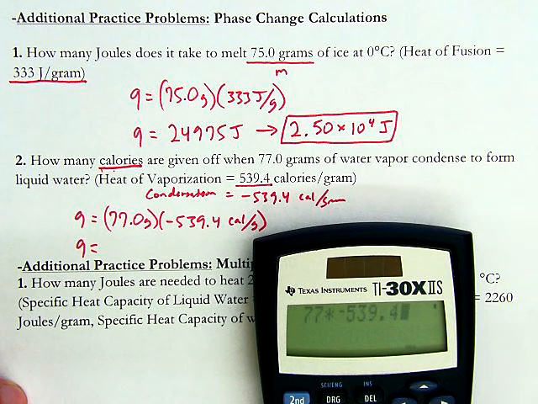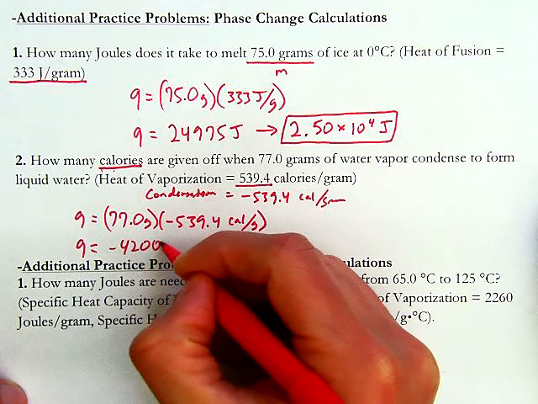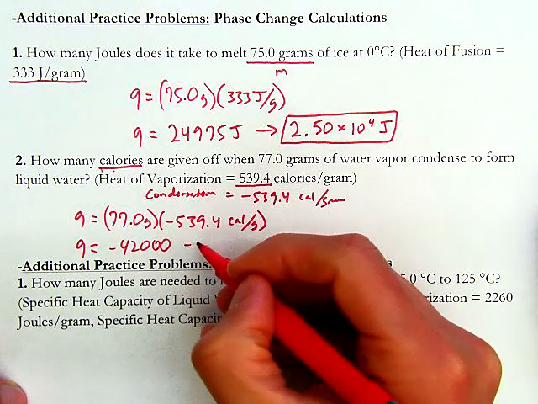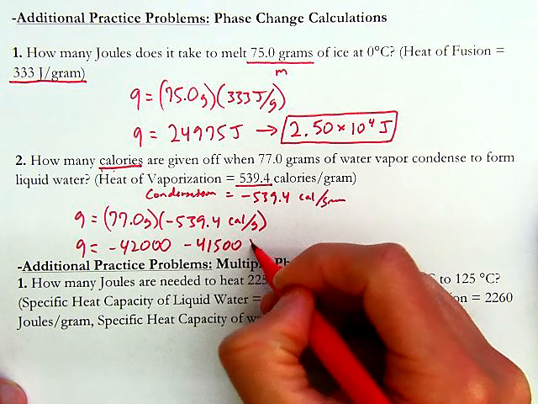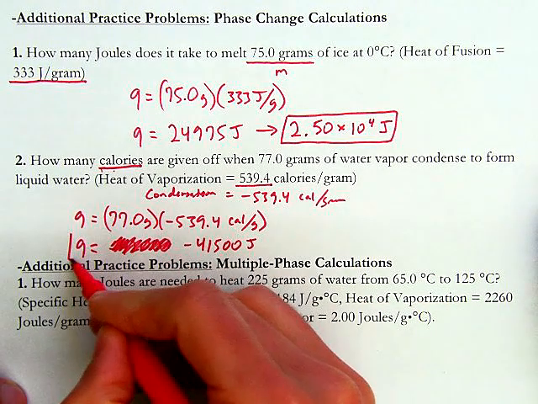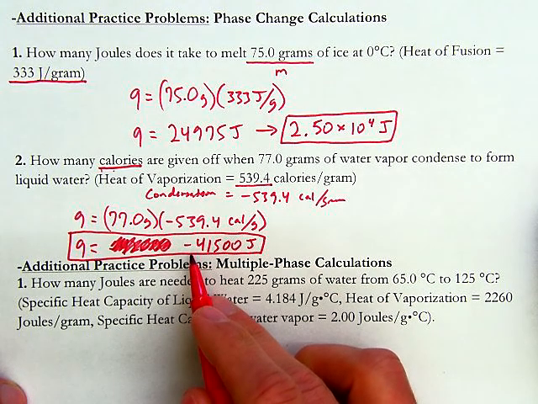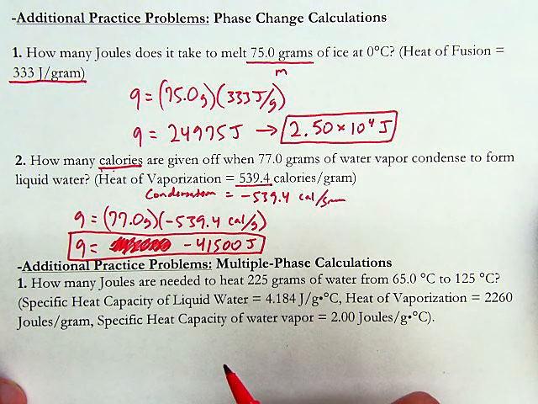And what you get is this number, which rounds to 3 sig figs, which would be minus 41500 calories. And because it's negative, that tells you that that is the amount of energy that's going to be released or given off when that amount of water vapor condenses.